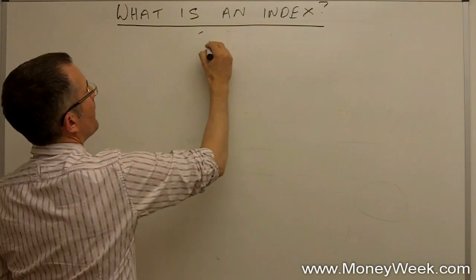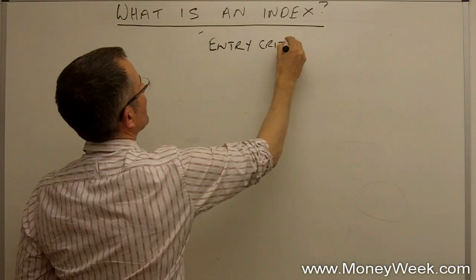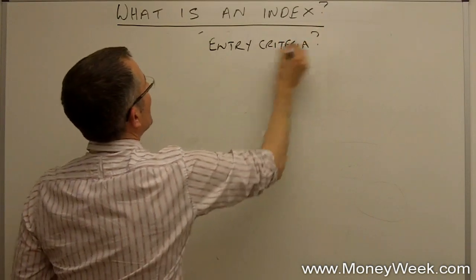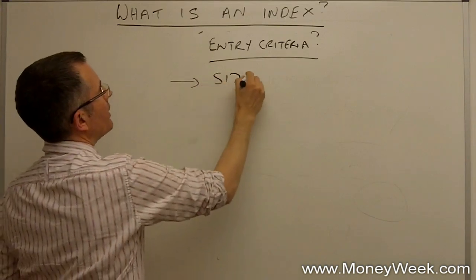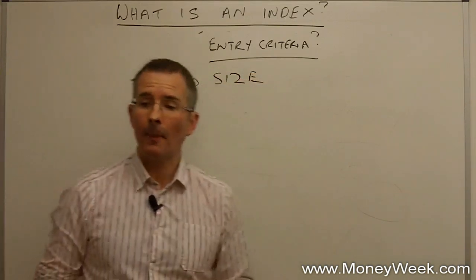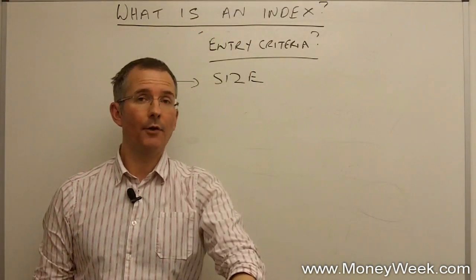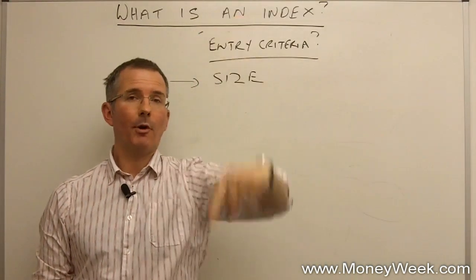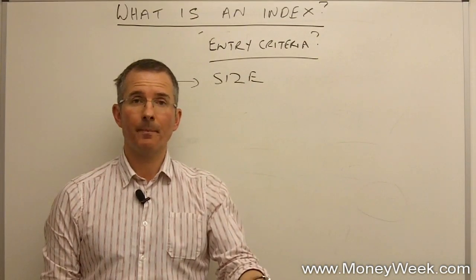So, what are the entry criteria? This is just worth bearing in mind. Largely, in a market capitalisation driven index, it'll be size. So in other words, if you ranked every single share in the UK market, and there's a lot more than 100 of them, top to bottom by market capitalisation, you'd in theory slice off once you got to 100.